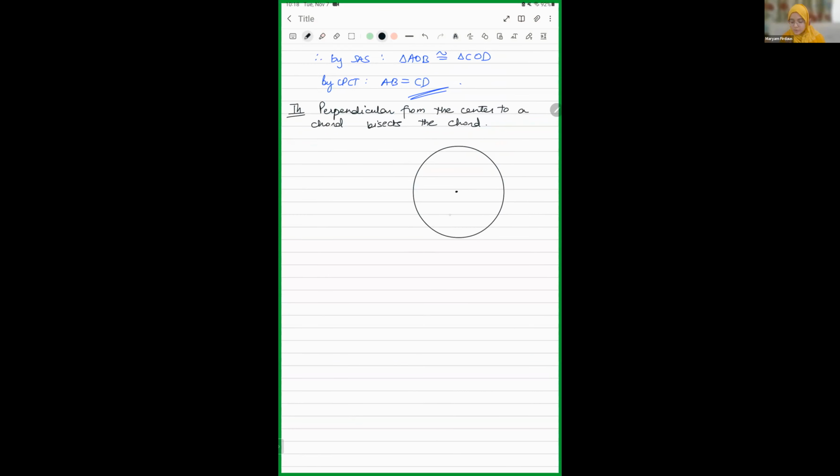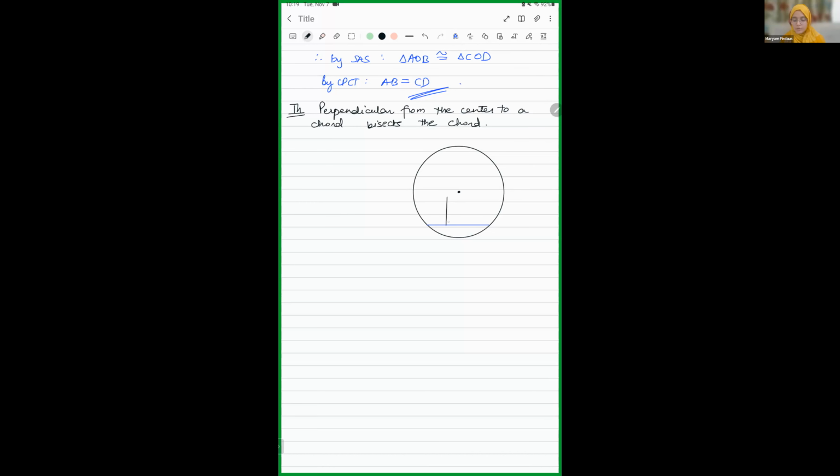I am going to draw a chord over here, and we are going to drop a perpendicular on it. This theorem says that the perpendicular is not going to be falling somewhere else.